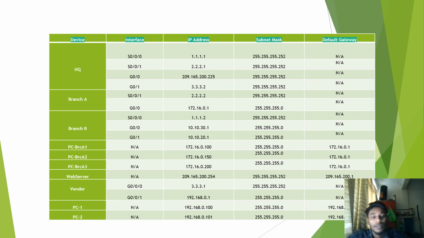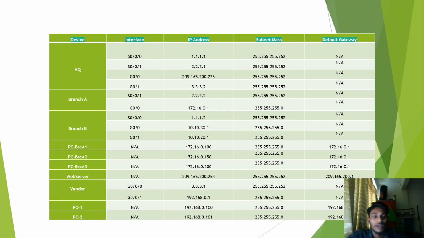Branch B serial port 0, IP address 1.1.1.2, subnet 255.255.255.252. Branch B GigabitEthernet 0/0, IP address 10.10.30.1, subnet 255.255.255.0, and branch B GigabitEthernet 0/1, IP address 10.10.20.1, and the subnet 255.255.255.0.